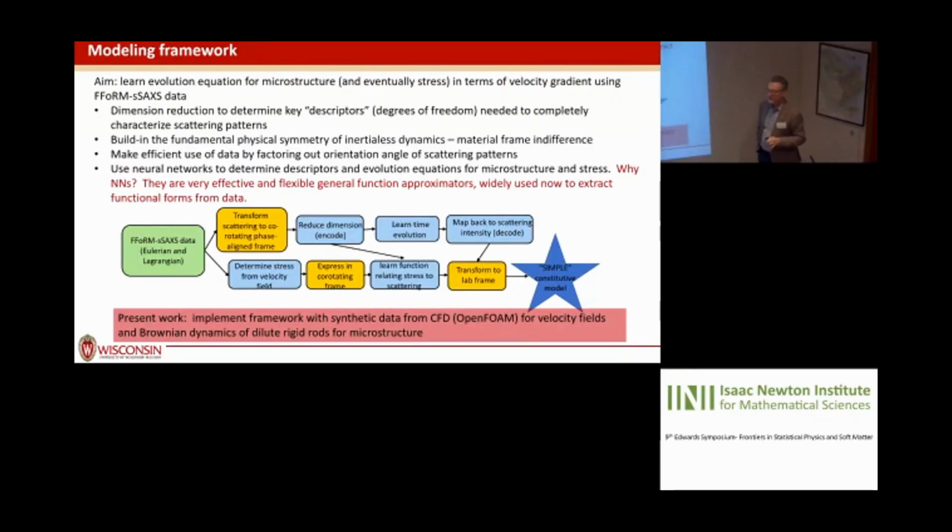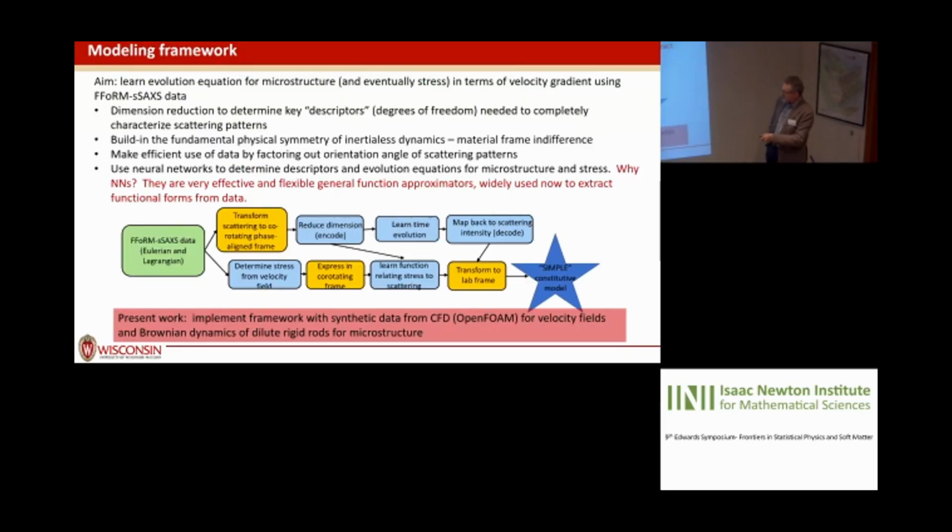They're very, very useful black box function approximators. Okay, so then there's just a little flow chart here. We have the data. We're going to transform that data into a phase-aligned frame, reduce the dimension, learn the time evolution, and map back. Ultimately, I'll talk a little bit about what we're doing in terms of velocity fields.